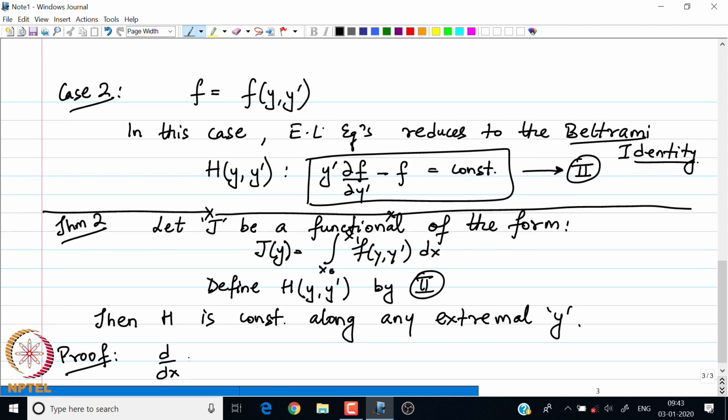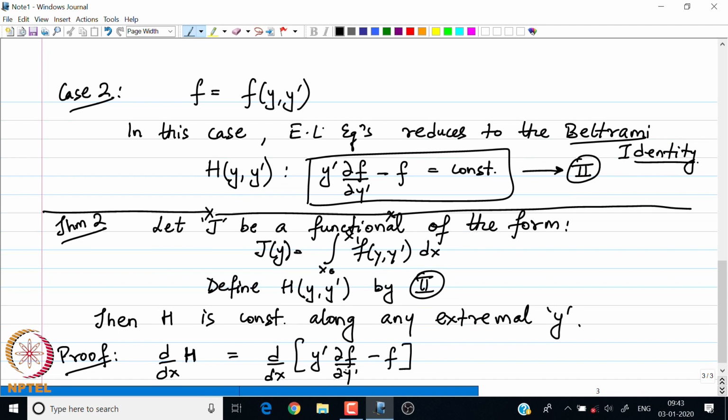So, let us see what happens. We calculate the derivative of h. So, the derivative of h is, by definition, h is given by 2. So, this is the derivative of the following quantity with respect to x. We get that this is equal to d/dx of y prime del f del y prime minus f. Okay.